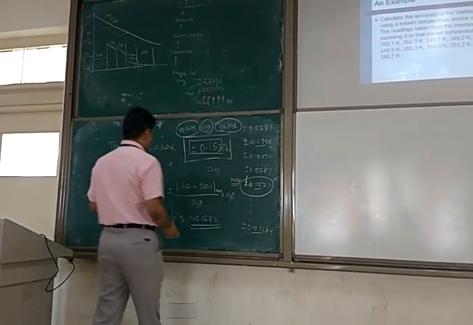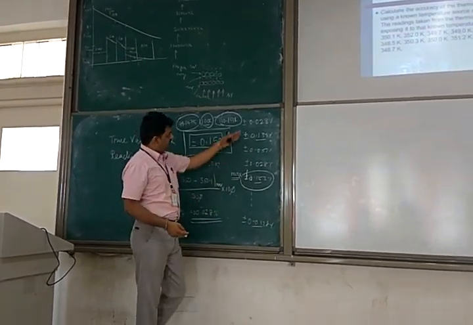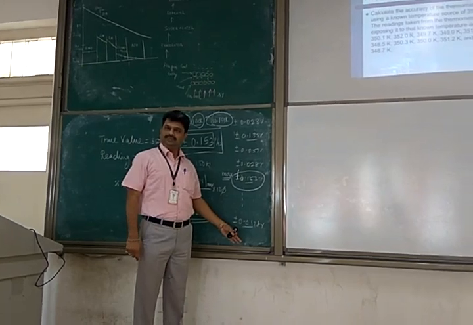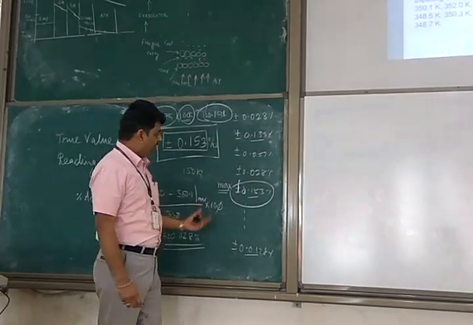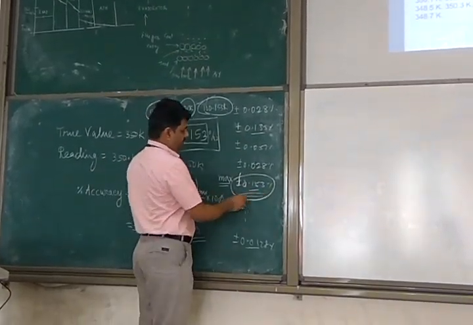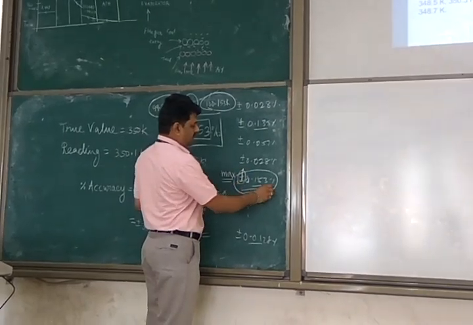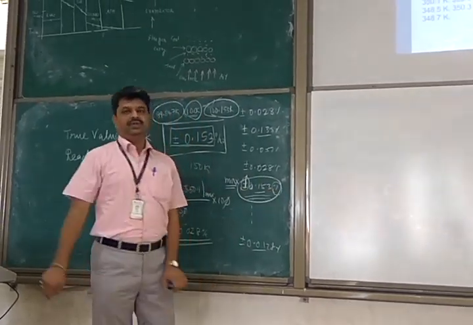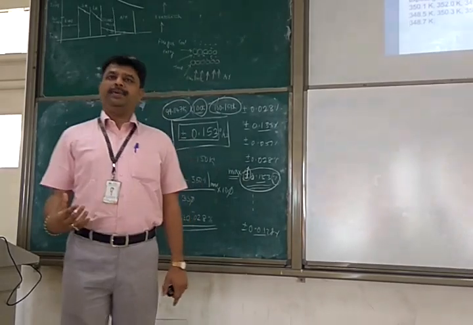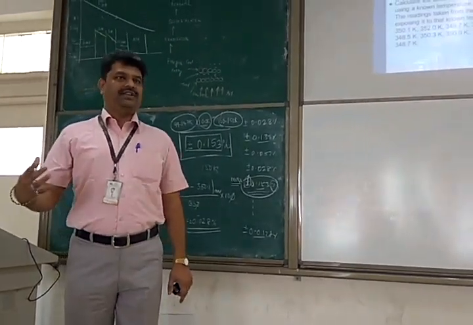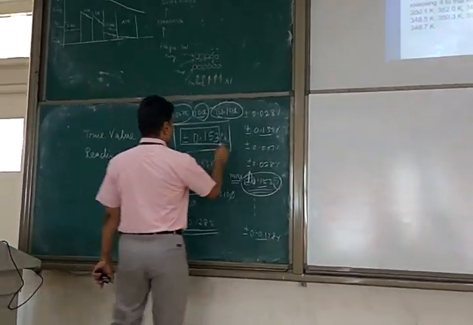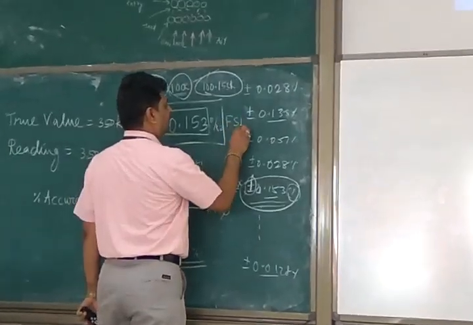So in case such questions come in the examination, two things you have to be very careful about. One, compute the accuracy for all readings using the formula. Find out which is the maximum, and don't forget to put the plus or minus sign and percentage. If you have computed accuracy using full scale deflection, don't forget to write full scale deflection.